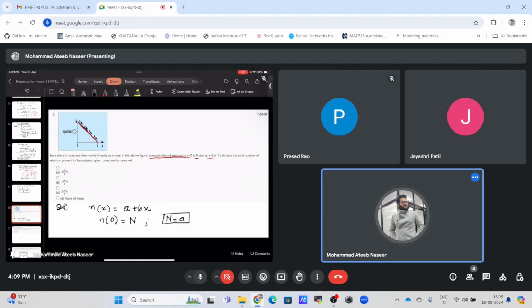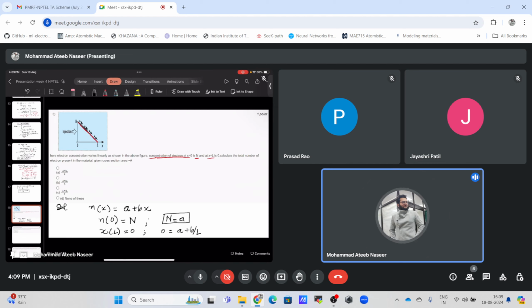Now at x equal to L, the concentration is 0. So 0 is equal to a plus bL.